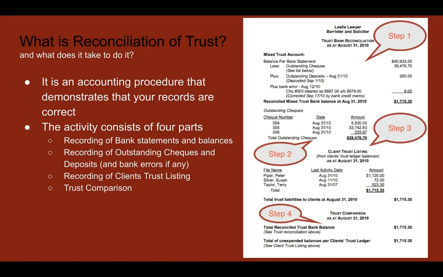You're going to add any outstanding deposits, which means that, for example, you have been given a deposit, maybe let's say a retainer, and you have forgotten to deposit that retainer into the bank as on that specific date.